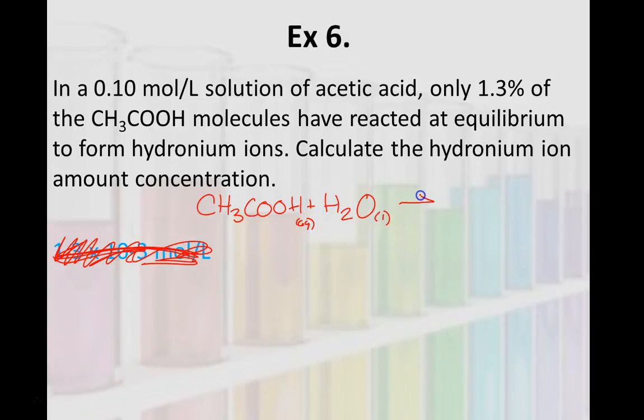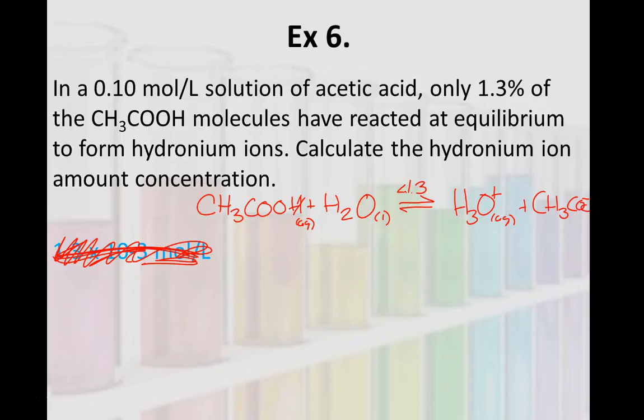It's a weak acid, so I'd have those double equilibrium arrows, producing hydronium, which makes the acidic properties, as well as an acetate ion, CH3COO negative, because I removed one of these hydrogens. And this reaction is happening at a 1.3% rate.